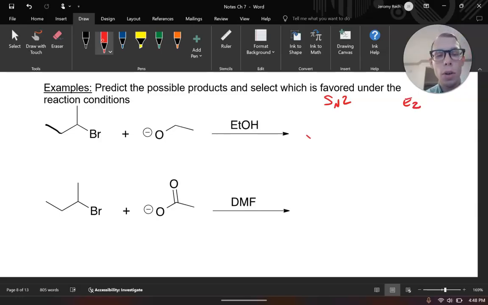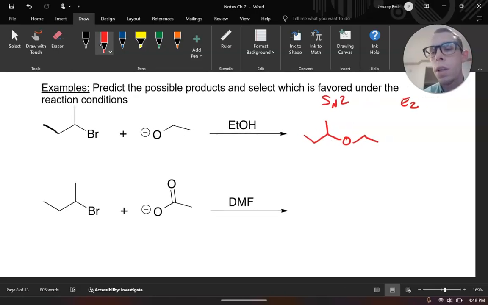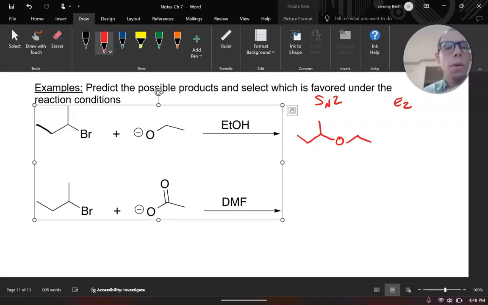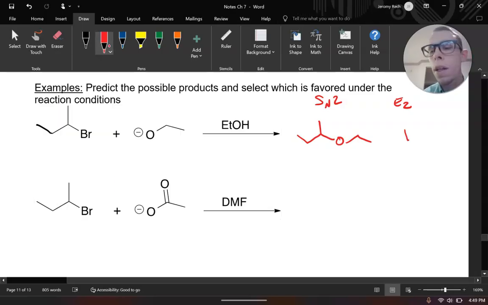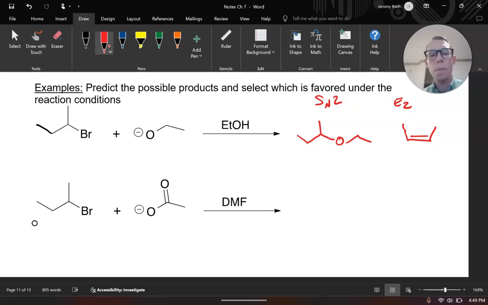The SN2 would be your substitution, and then your E2 would be an ugly looking double bond, something like that. I changed the stereochemistry. You could also show the exact same stereochemistry, or show it as a Z configuration rather than an E, that's fine.